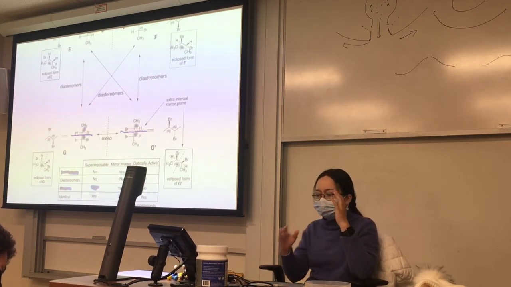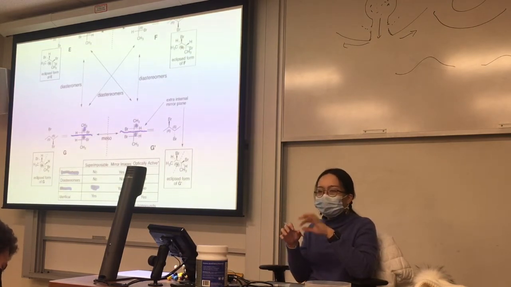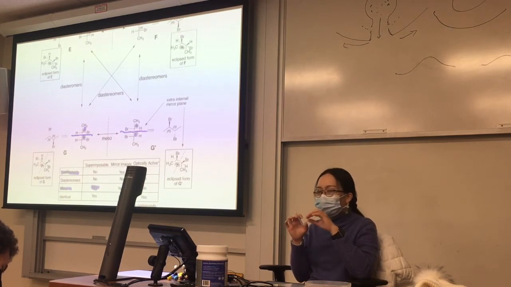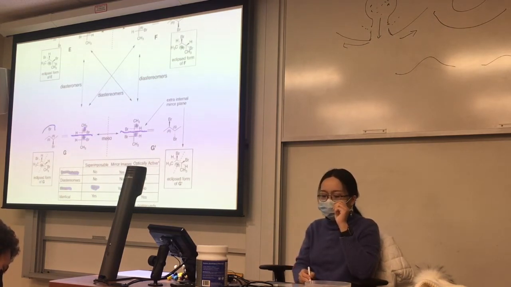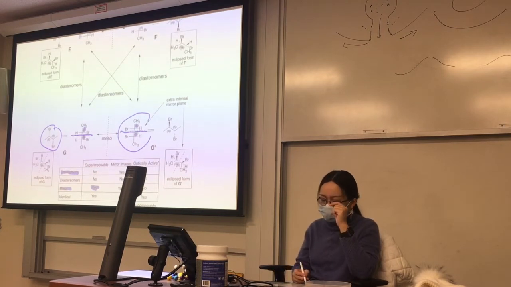So how do I differentiate the relationship between these 4? First, let's see if they are exactly the same molecule. We might draw it in different ways. For example, I draw one of the molecules in the normal way and the other in Fischer projection. You might be confused, but these 2 are actually the same molecule. So that's identical.